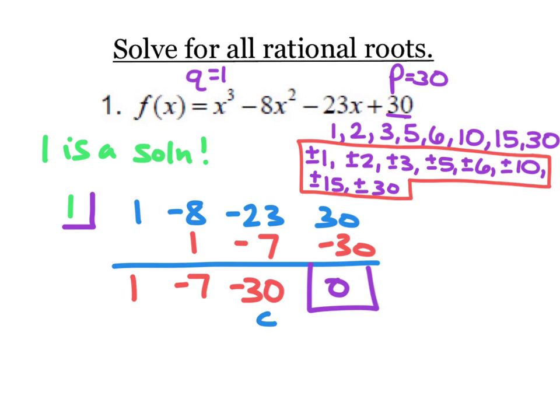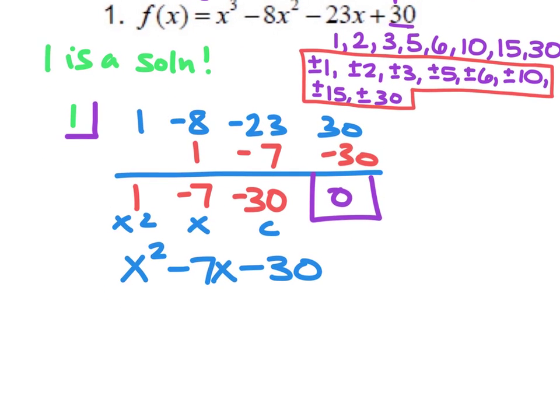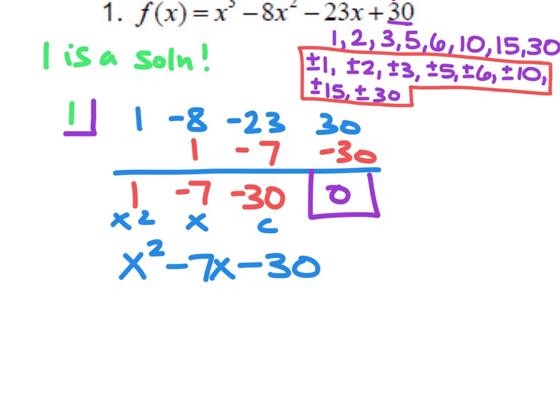Now we got to go backwards, constant, x, x squared. Let's write out our remaining quadratic: x squared minus 7x minus 30. Now, last step is just to solve the remaining quadratic, and we are going to do that by factoring. However you guys like to factor, you do you.